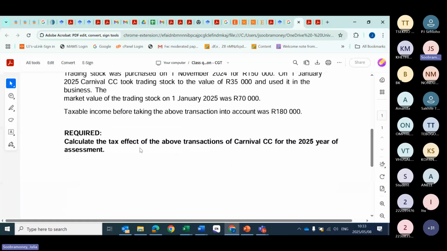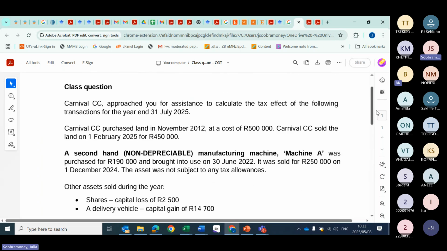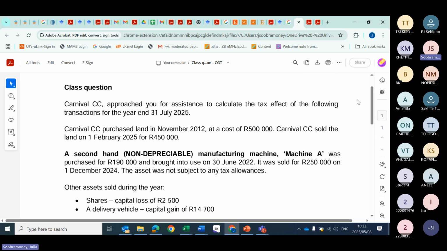Okay, so it says here, calculate the tax effect of the above transactions of Carnival CC for the 2025 year of assessment. Okay, so before I do this question, I just want to mention something to you. When we calculate our capital gain, so that small framework that I told you, if I land up on a net capital loss, so I don't land up on a capital gain, but I land up on a loss, you are not allowed to include that in your income.